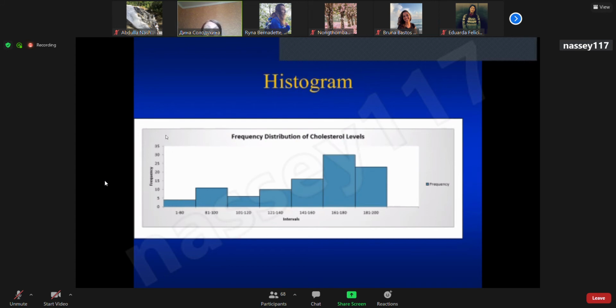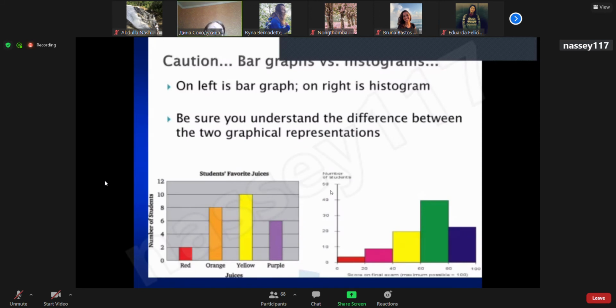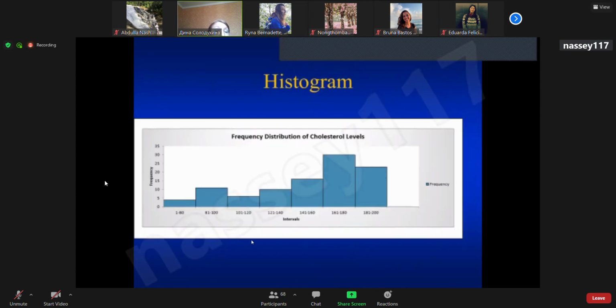What is important is that in a bar graph you have spaces between the bars, while in a histogram you have none, because the important thing for us is the area under the histogram. In a bar chart, we pay attention to the height or length of the bar, not to the area of the bar.